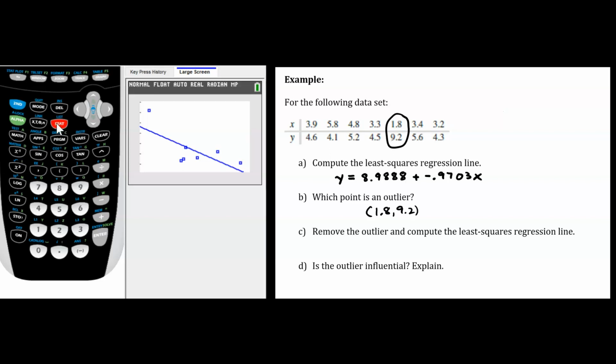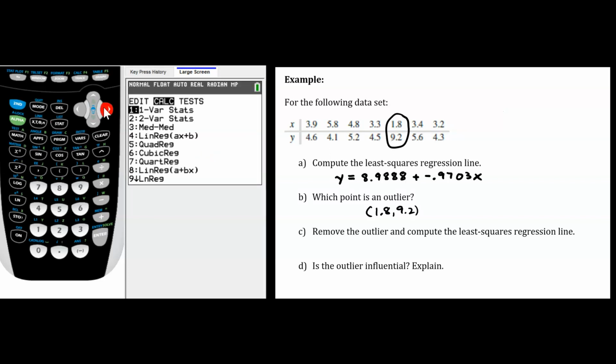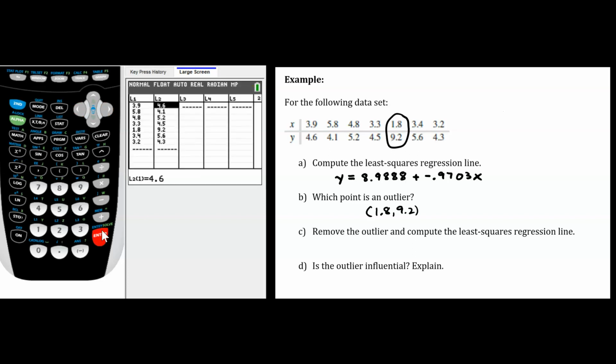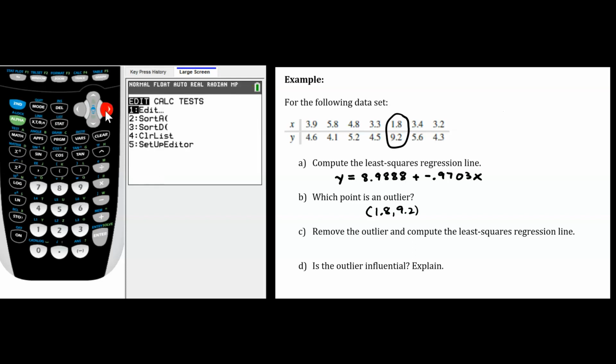We're now going to remove that outlier and recompute the least squares regression line. So I'm going to go into Stat Edit, identify where 1.8 and 9.2 are, and press the delete button on each of those. Now we're going to press Stat Calc. Let's go back to number 8, LinReg.